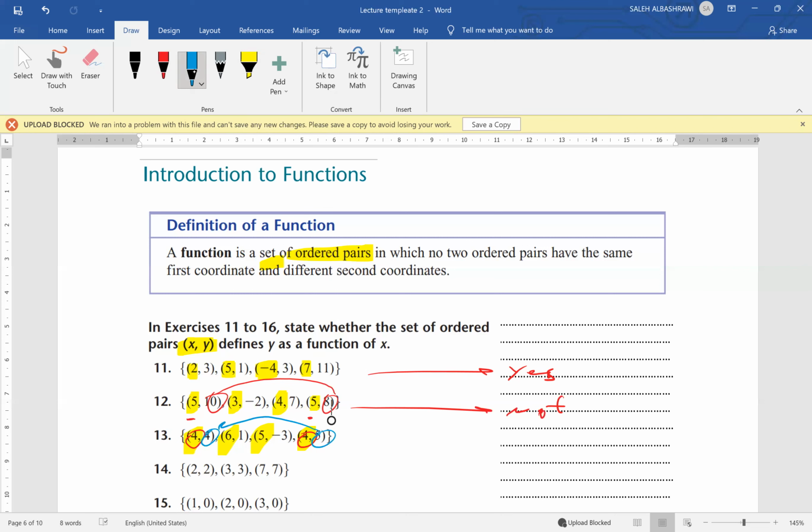These are different, so this is not a function. Again, a function is a set of ordered pairs in which no two ordered pairs have the same first coordinate and different second coordinates.